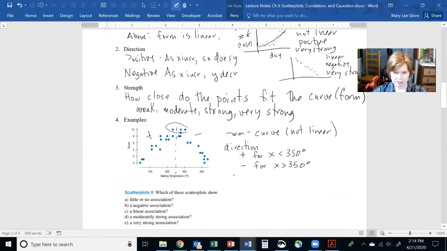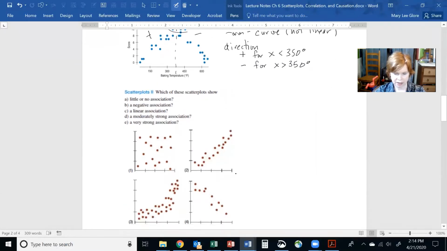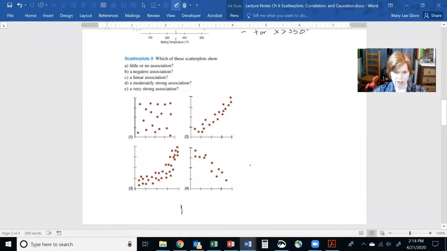Let's look at these examples. Number 1 here, what's happening? As X increases, what's happening to Y on average? Nothing. The spread of Y is about the same. You might be tempted to say this is linear, but it's not. There's no association. So for form, no association. We're not going to have a direction, and we're not going to have a strength.